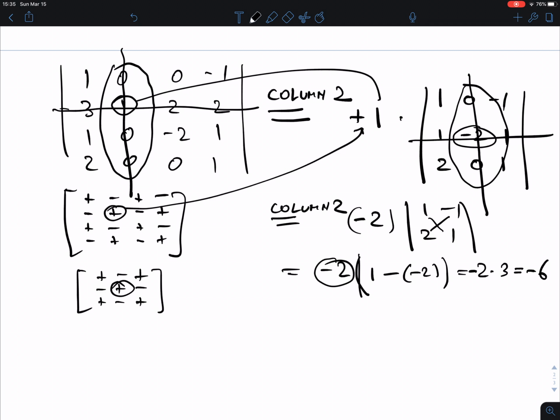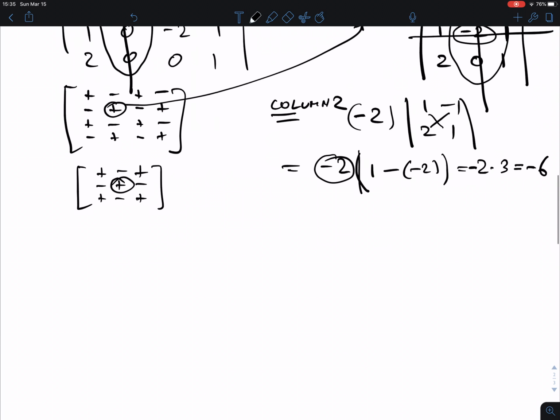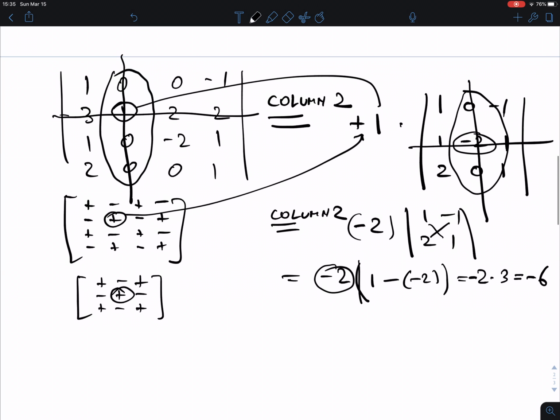Okay, I want to discuss 2 more things very quickly. A case where you can always use this method by choosing a very good column and row is upper triangular matrices and lower triangular matrices. That's one of the reasons why we would like to study them.